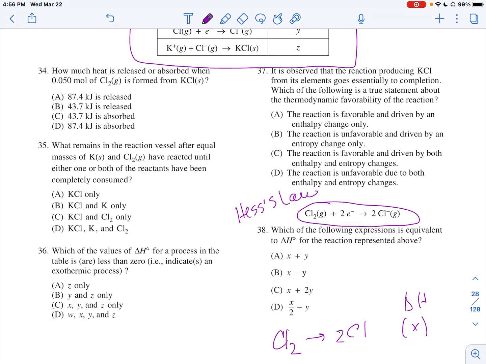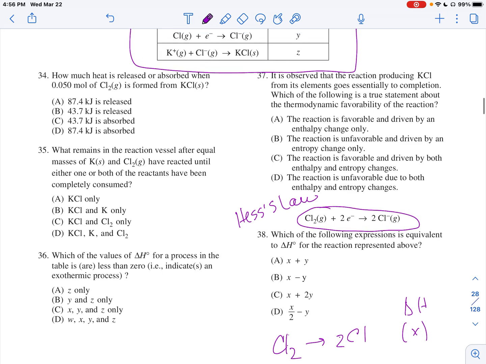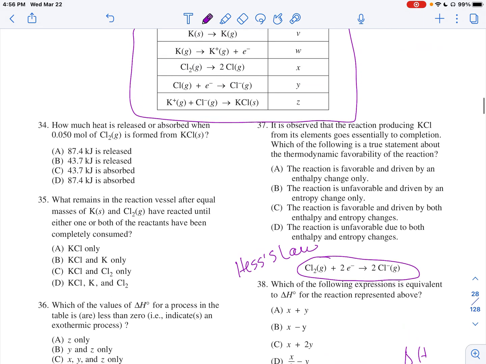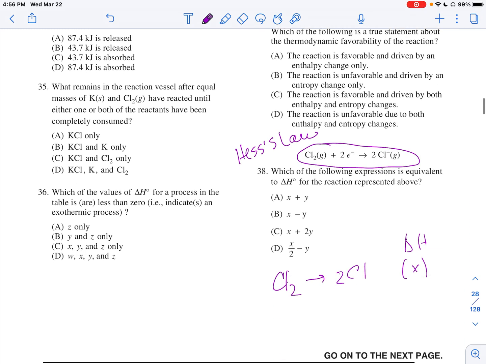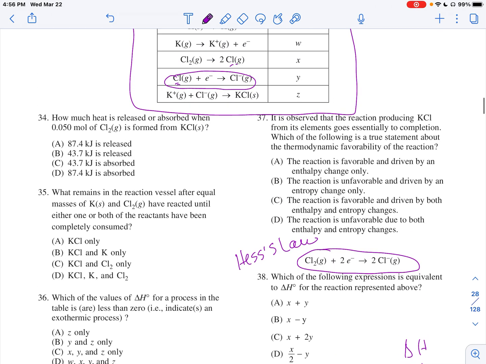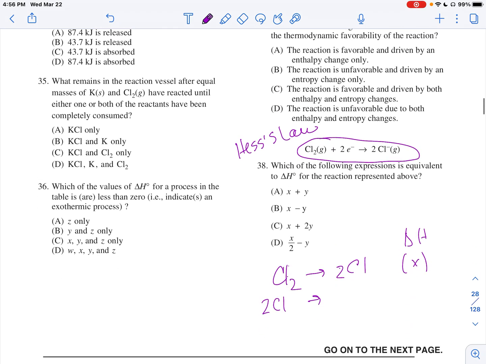That would get us this, and then we can take the one right below it, but we're going to need to multiply it by 2, right? Because we're going to want 2Cl to cancel.